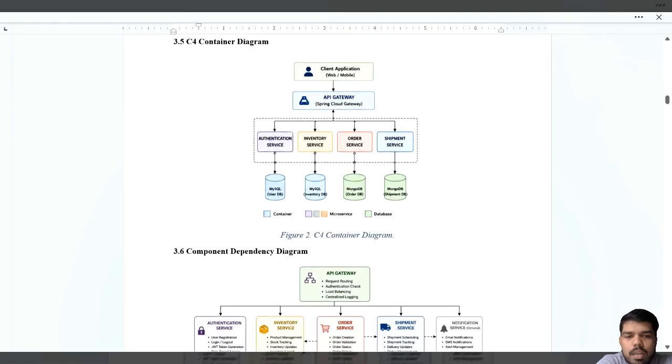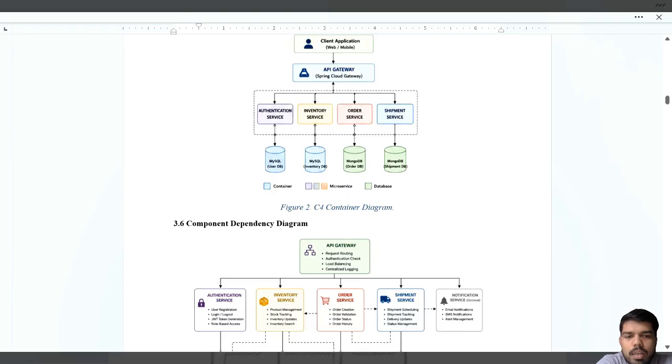I have the C4 container diagram. The C4 container diagram provides a development-level perspective of the system. The client application interacts with the API gateway. The API gateway communicates with multiple microservices, and each service is deployed independently and uses its own database.